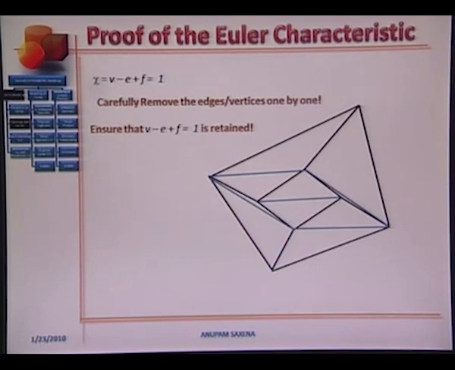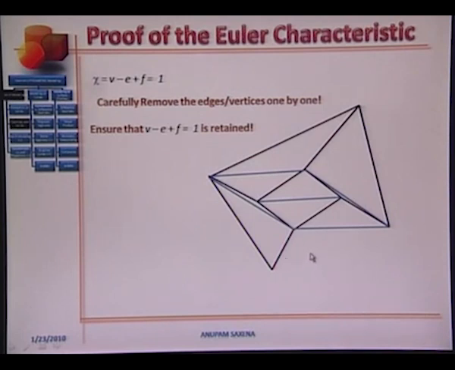The next step now. We carefully remove the edges or vertices one by one. And while doing so, we ensure that V minus E plus F equals 1 is retained. Let's see how. If I let go of this edge, what has happened is there is a decrement in the E value, and the face is also gone.